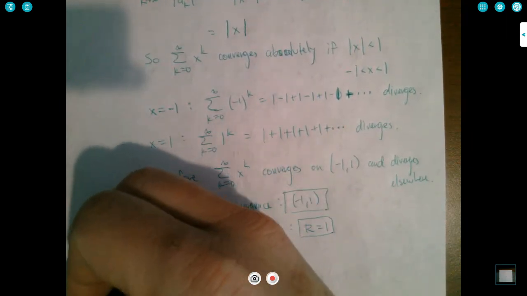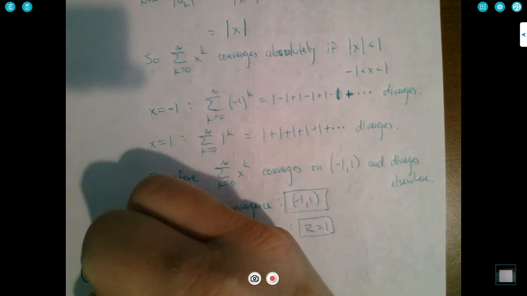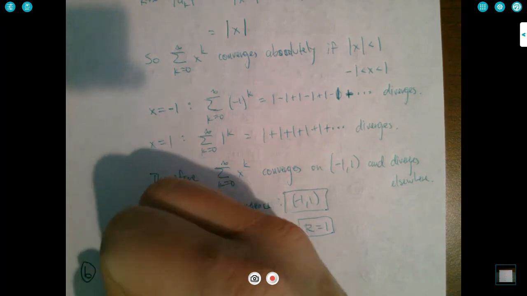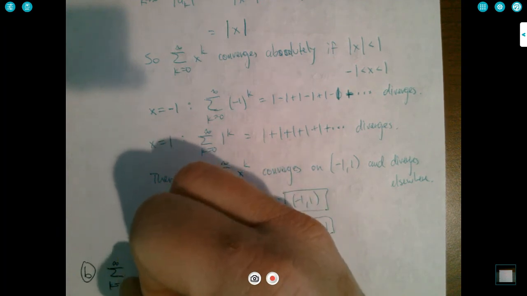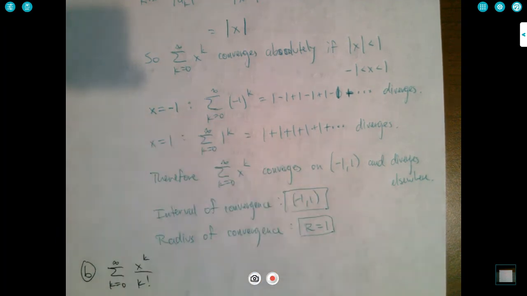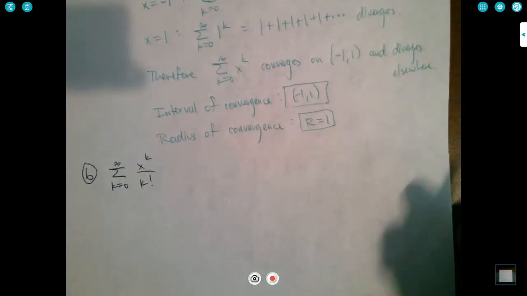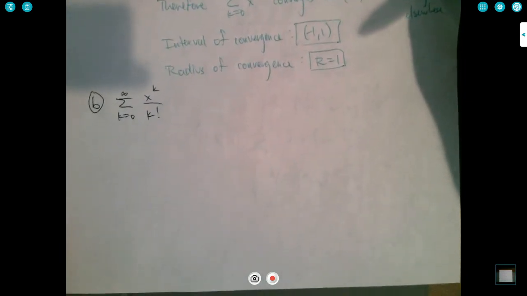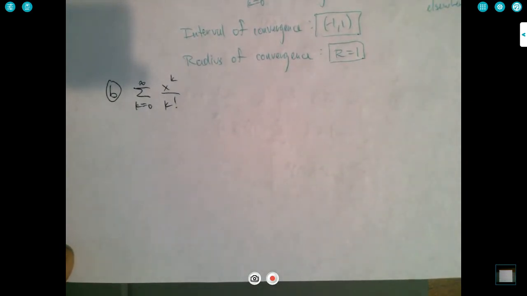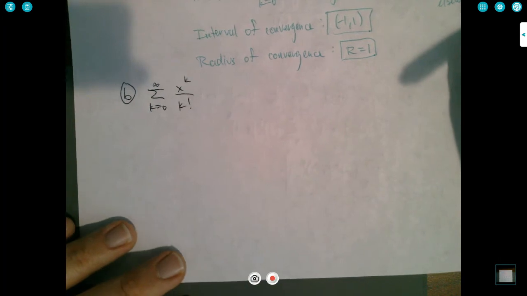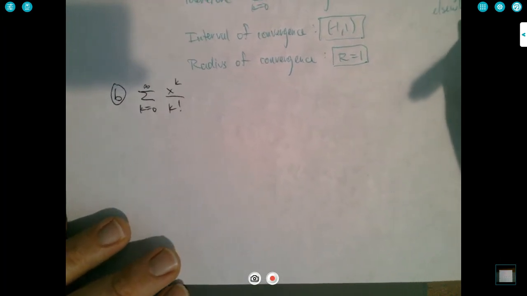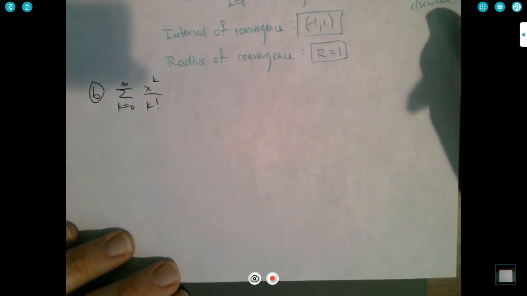So let's do the sum from k equals 0 to infinity of x to the k over k factorial. Okay, so again, to find the interval and radius of convergence, we're going to apply the ratio test, right?